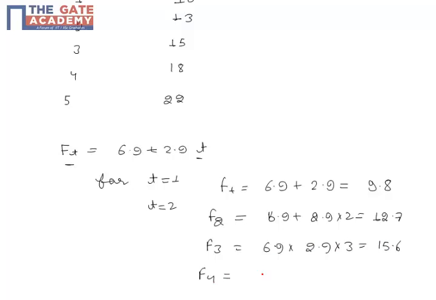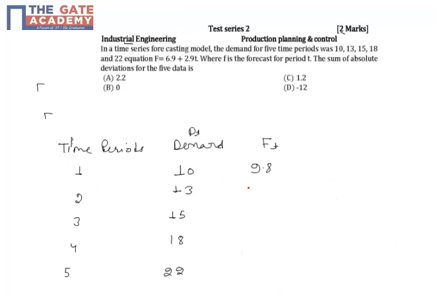F4 becomes 6.9 plus 2.9 into 4, equal to 18.5, and F5 equal to 6.9 plus 2.9 into 5 becomes 21.4. So now I have found the value of Ft corresponding to each time period: 9.8, 12.7, 15.6, 18.5 and 21.4.